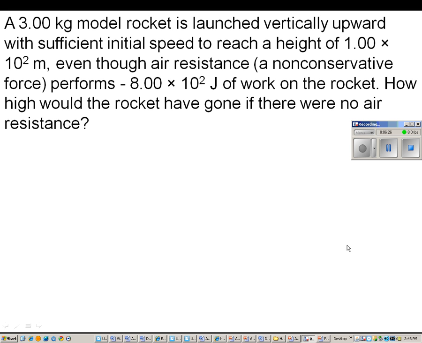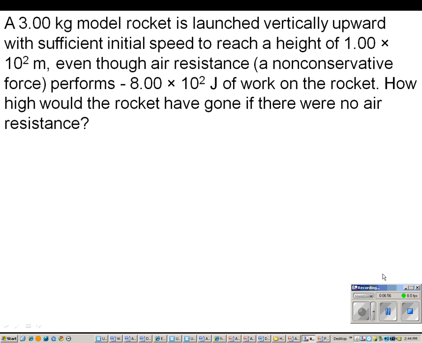So friction is a non-conservative force. Air resistance is a non-conservative force because once that energy is gone, you can't get it back. It doesn't allow energy to be conserved through kinetic energy and potential energy. So anyway, we take away this negative 800 joules of work on the rocket. So I'd like you to pause the video and see if you can figure out how high the total height would have gone.